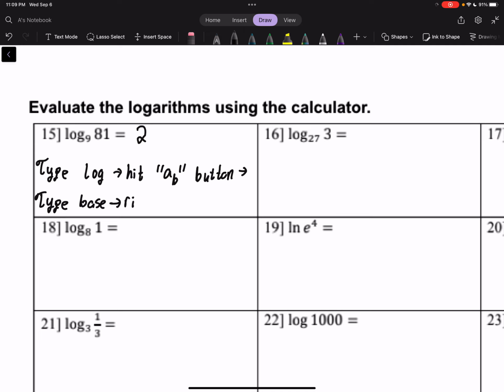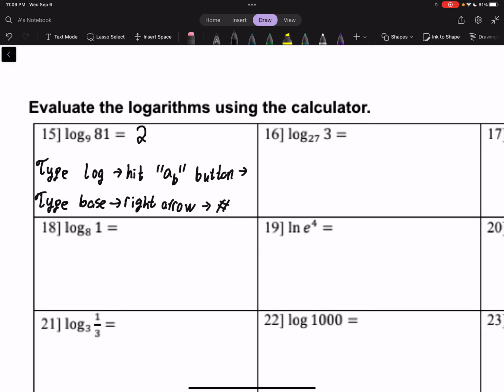You're going to hit your right arrow. Type in the number. I'm just going to put a number sign. And that'll give you your answer. Okay.